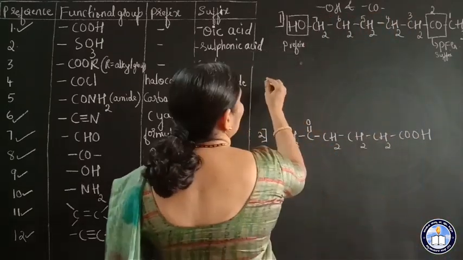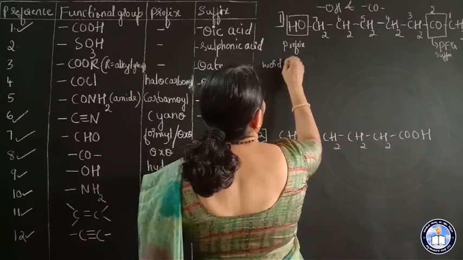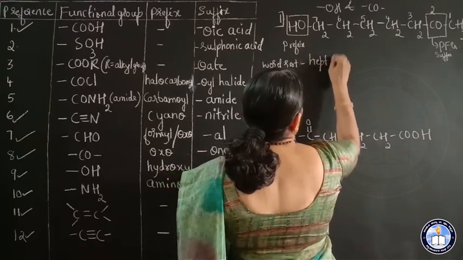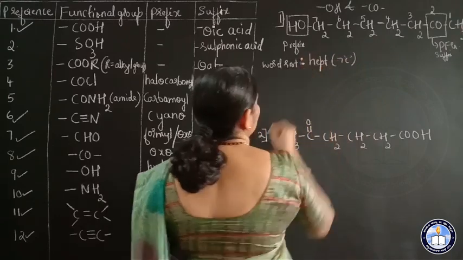So what is the word root? When 7 carbon atoms are there, the word root is hept.